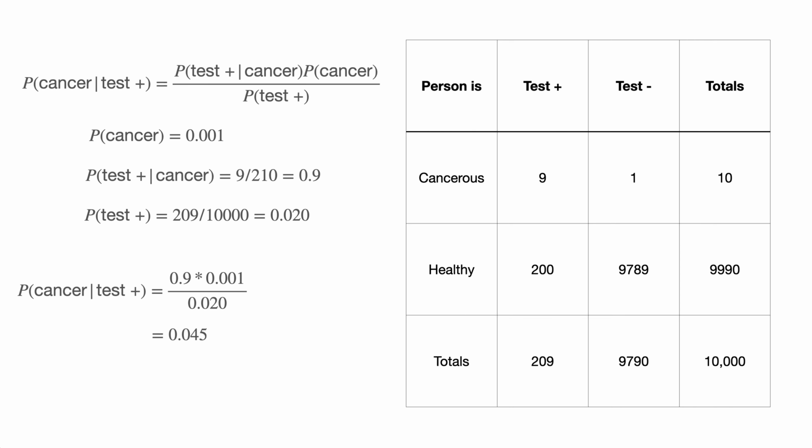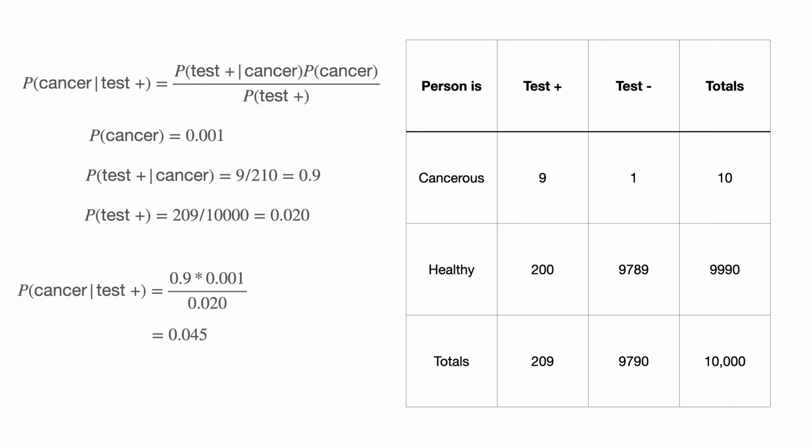Well, that seems really weird because we'd already decided that this was actually quite a good test. Remember that? This has only a 2% chance of a false positive and a 10% chance of a false negative, although that part's not so good.